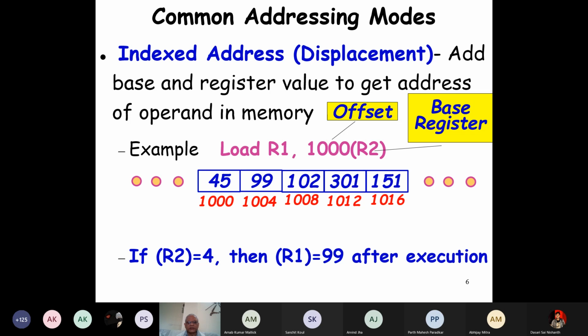Maybe 1000 is the start of the memory location from which the array elements are stored in successive locations. So the start address of the array is the offset, and R2 will contain 0, 1, 2. Each time we will increment R2. So 0, then 4, 8, 16, etc. We will increment R2, and the address then will become the successive addresses of the array elements. Let's take an example again.